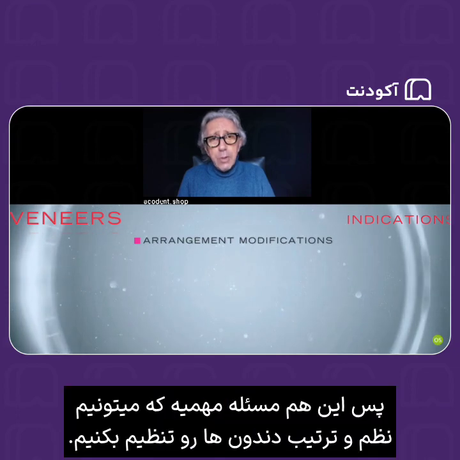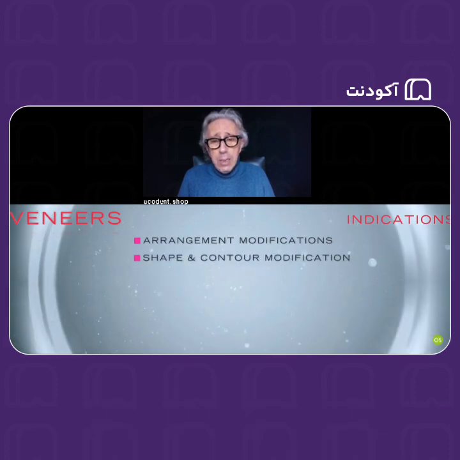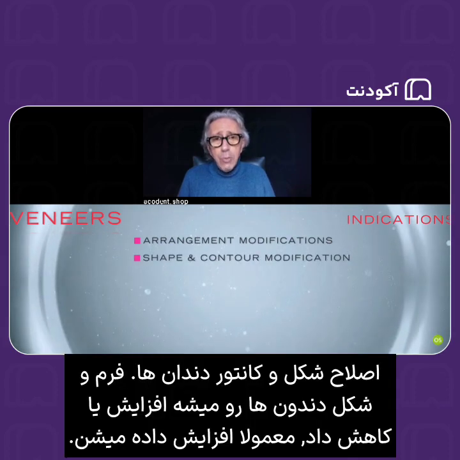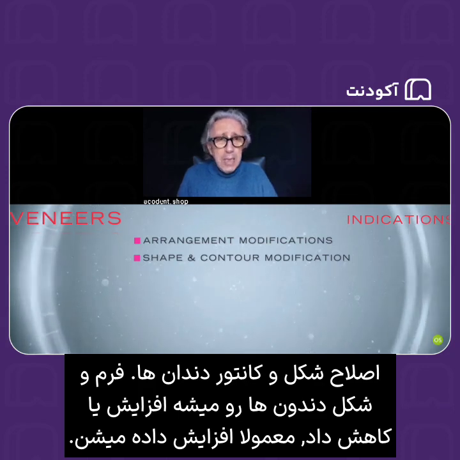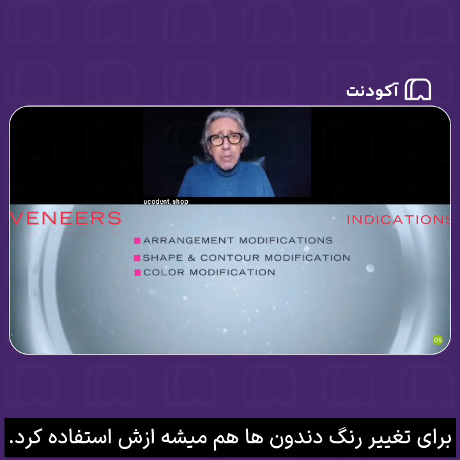That is very important, so maybe the arrangement can be changed in some way. Secondly, how to modify shape and contour. The form, the shape of the teeth can be increased, can be reduced, normally mostly increased, the volume. How to modify the color.